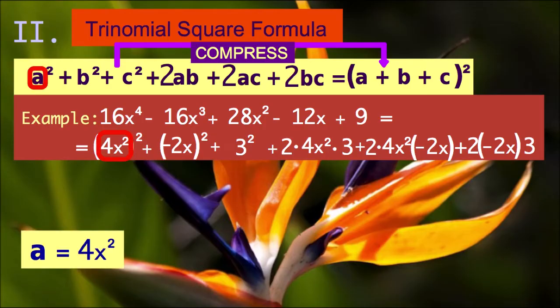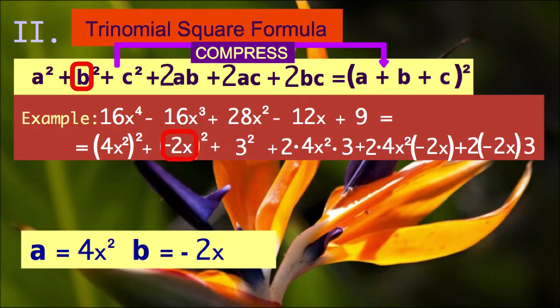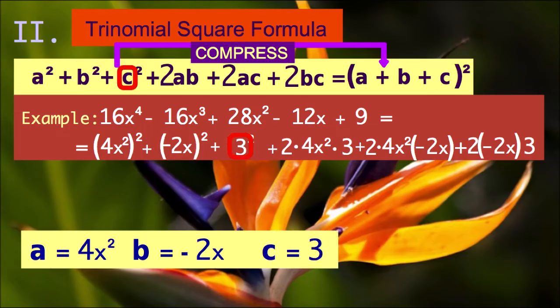So in this case, A is our 4x squared, B is our negative 2x, and C is 3.